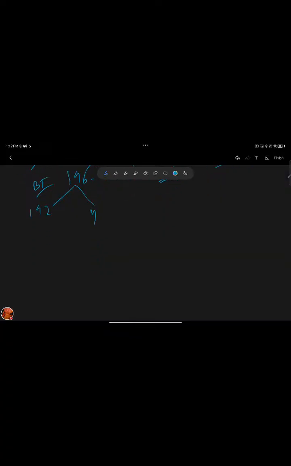This was 11 governor provinces: UP, Bihar, Madhya Pradesh, Odisha, Assam, and Bengal.